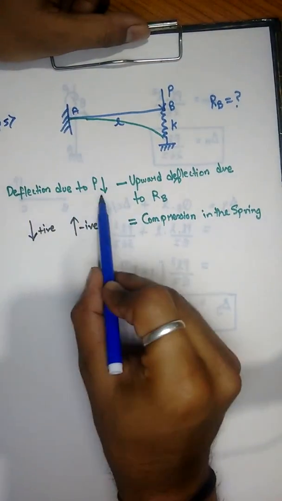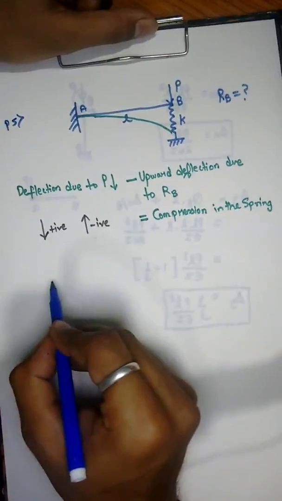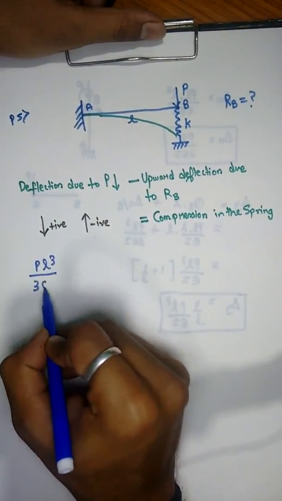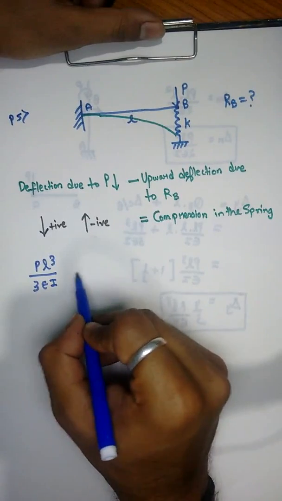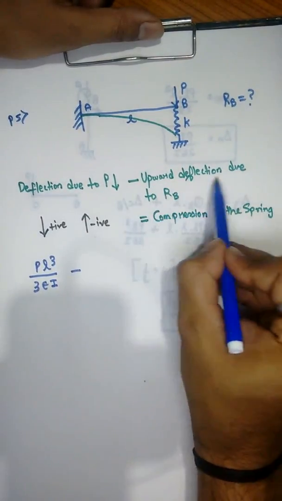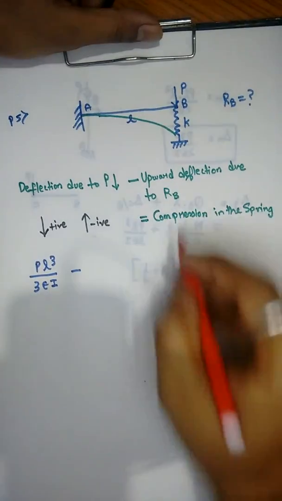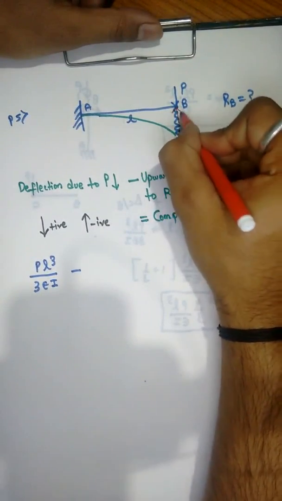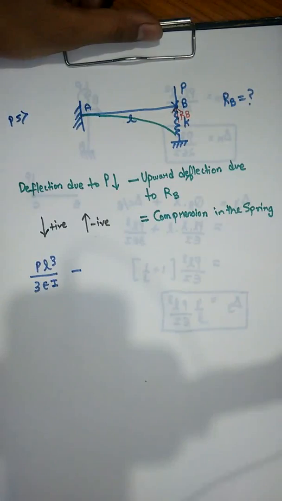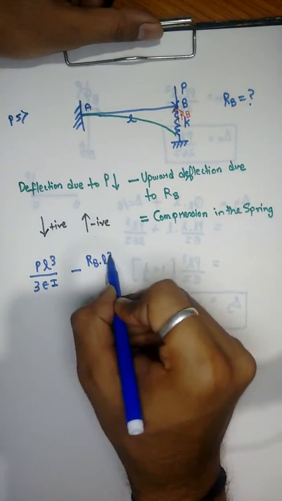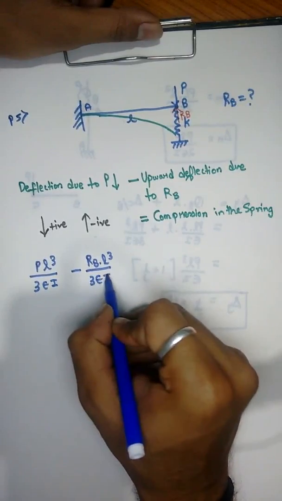So deflection due to P is PL cube upon 3EI, minus upward deflection due to RB. RB is acting in upward direction, so minus RB L cube upon 3EI.